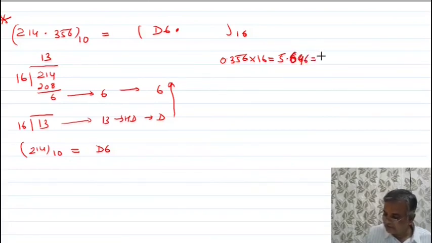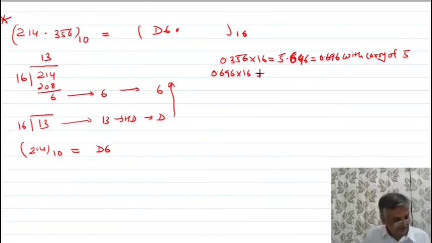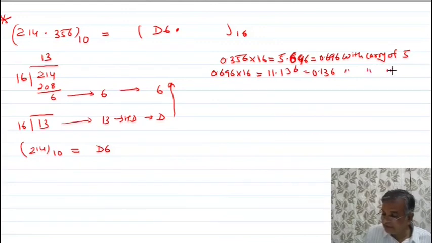So I can write 0.696 with a carry of 5. Then 0.696 multiplied by 16, it is nothing but 11.136, and you know that 0.136 with a carry of 11 means what? 11 is nothing but B. Remember, 10 is A, 11 is B.